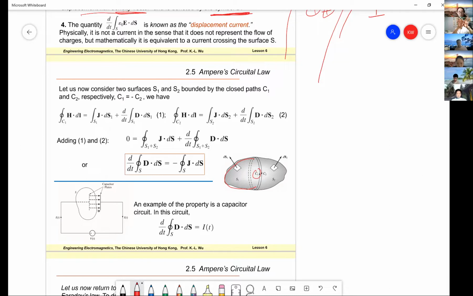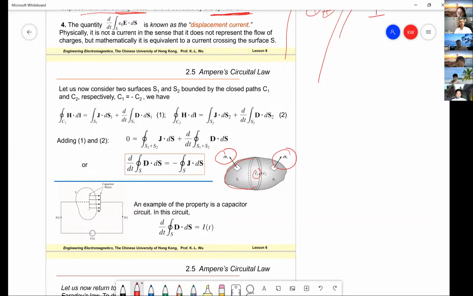But if C1 is in this direction, C2 is in the opposite direction, because we all follow the right-hand rule, right? If C1 is in this direction, this is the normal direction of the surface, outward. Then C2 I define in the opposite direction, so the normal direction is also outward.